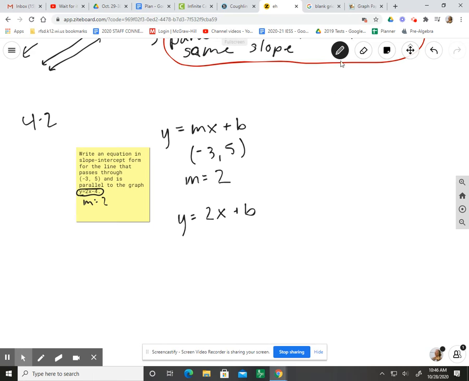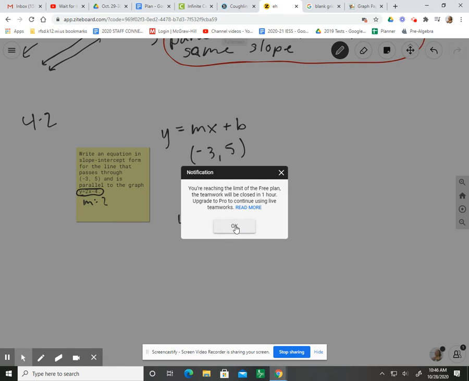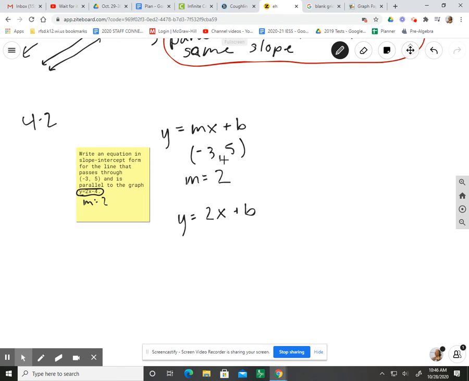To get our y-intercept, we're going to use our point here. Every point is an xy pair, so we're going to put our x in this equation as -3 and our y as 5, because this point is on the graph of the line that we want.